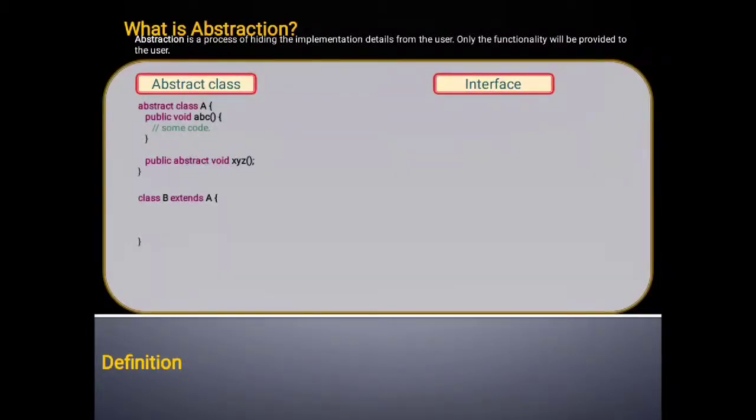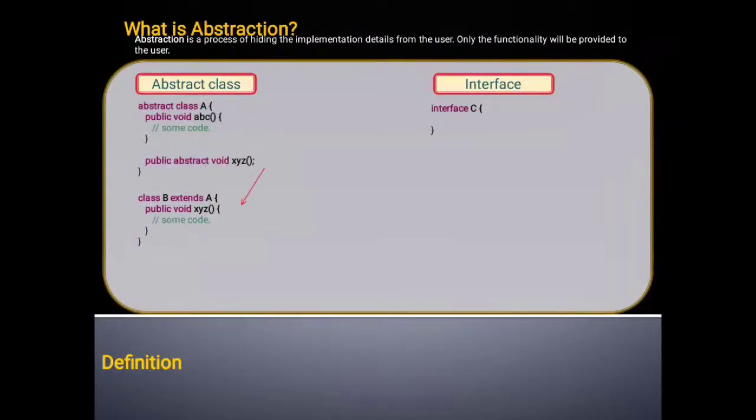Now here we are achieving the abstraction by implementing a class B which is extending class A, and A here is obviously abstract. Here we are overriding this XYZ method in your class B, and you will write your own logic over here. The same kind of thing can be achieved by interface as well.